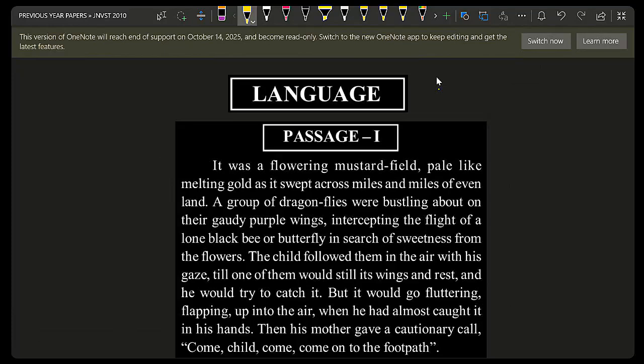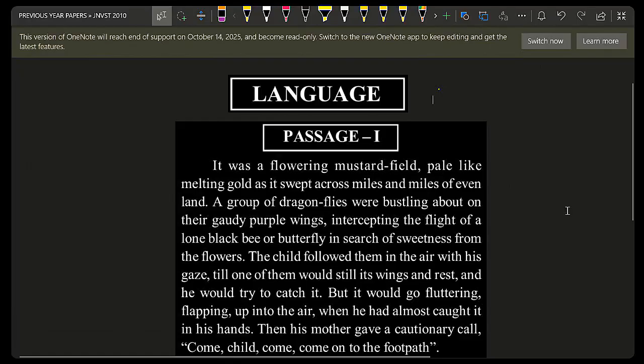A group of dragonflies were bustling about on their gaudy purple wings, intercepting the flight of a lone black bee or butterfly in search of sweetness from the flowers. The child followed them in the air with his gaze.